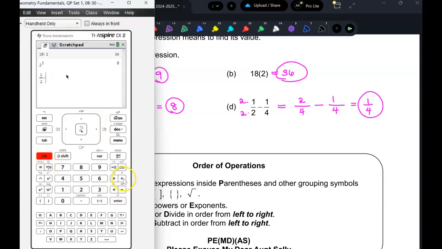Minus, and I can just do control divide a second time. So put a 1, and then use the down arrow. Do control divide. We'll clear it.